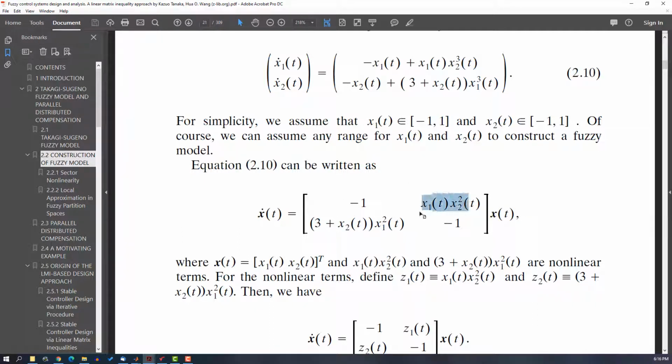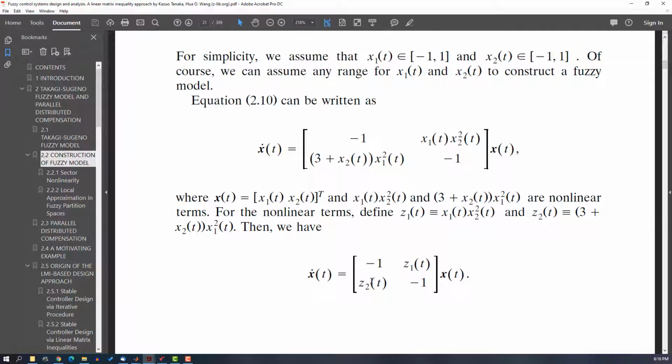So you have this one and this one will depend on the state, the 2 states of the system. They call it here Z1 and Z2, and they call it a nonlinear system because it's not linear. It depends on the state. It's not constant.